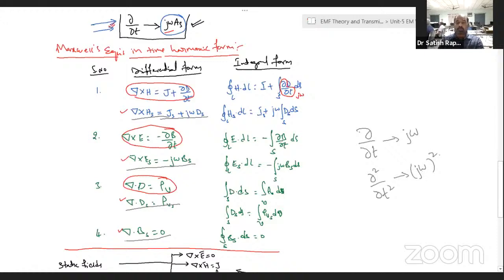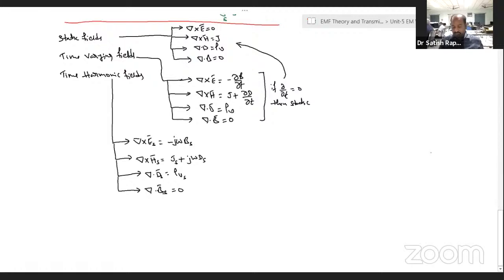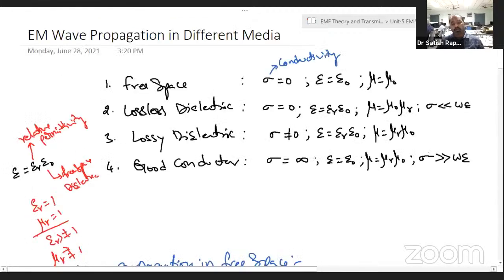Dou by dou t is j omega, and dou square by dou t square is j omega square. So these 2 points you remember.